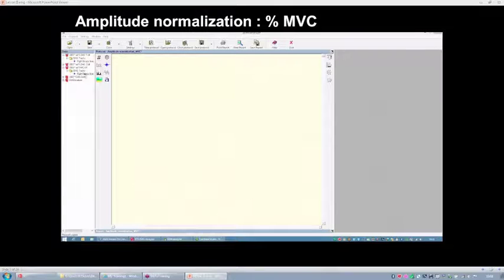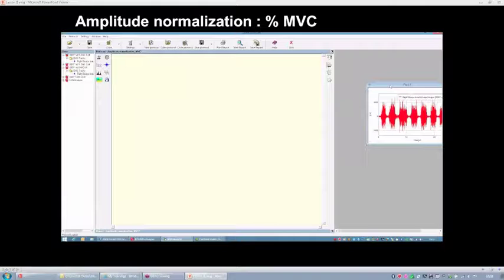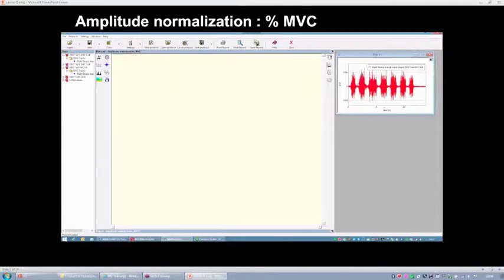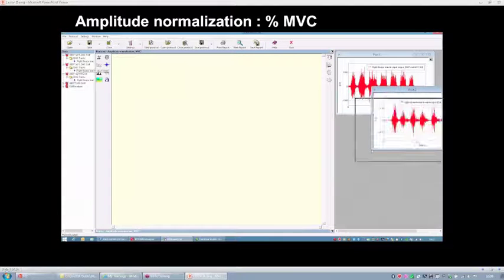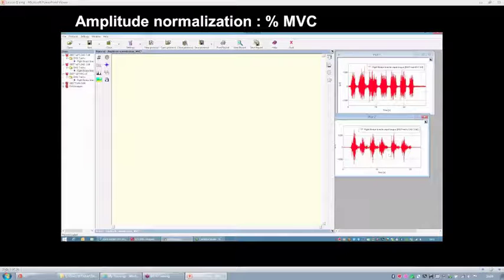We have collected a series of maximum voluntary contraction repetitions. Now we are going to compute the maximum voluntary contraction value that will be considered as reference value for the normalization of the second test, where the subject has performed the execution, for example, with the load.